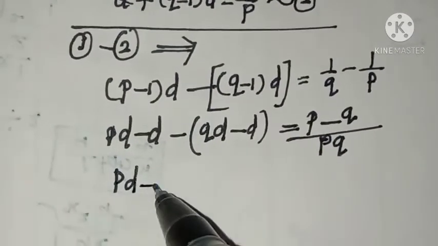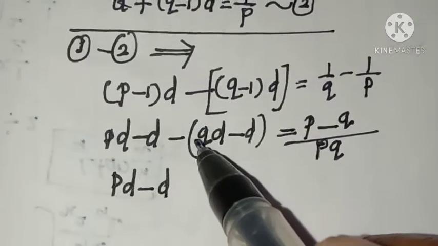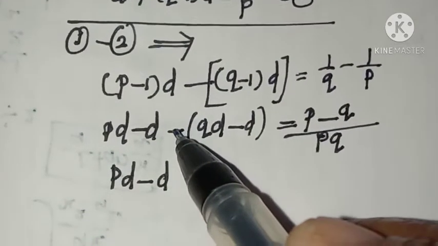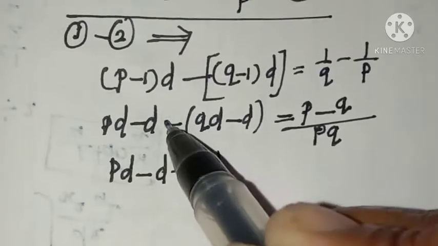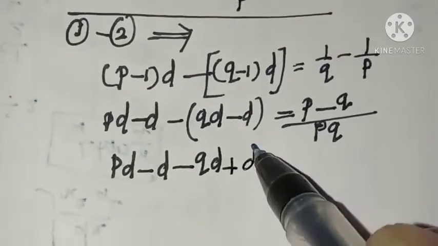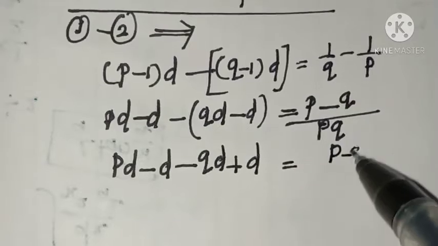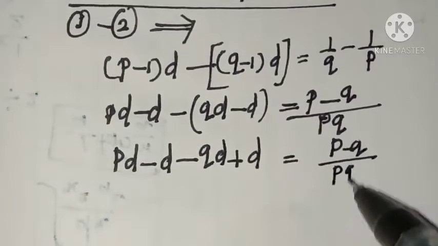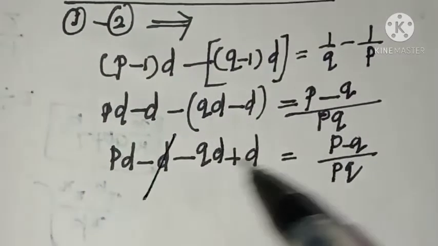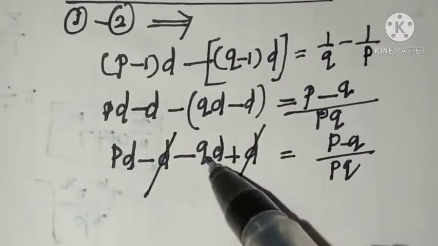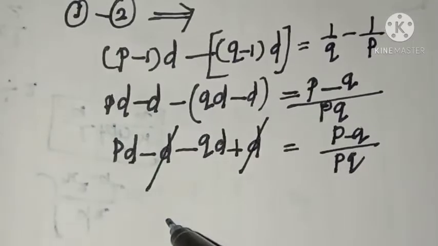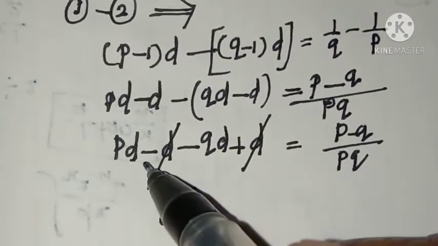Left side is pd minus d. Distributing this negative sign, negative qd, negative of negative d, plus d, is equal to (p minus q) by pq. Now here we can cancel minus d and plus d, and we have pd minus qd. In pd minus qd, d is common. Take it outside.